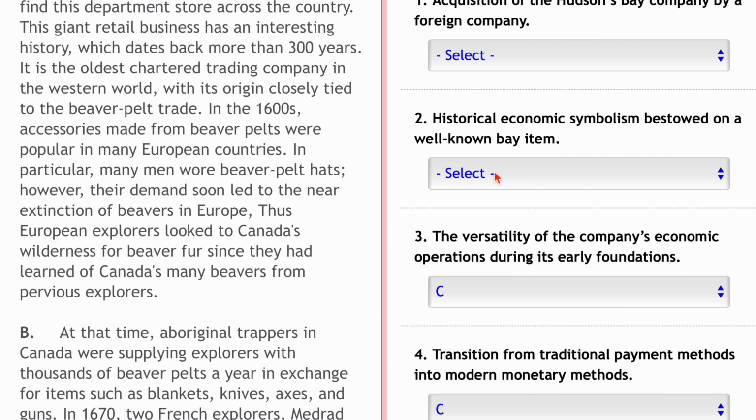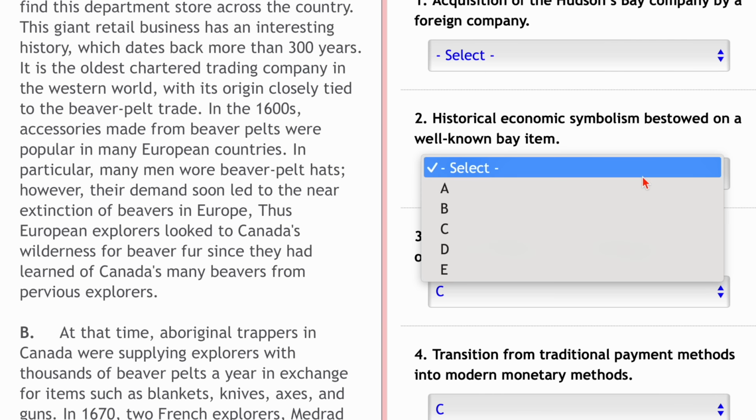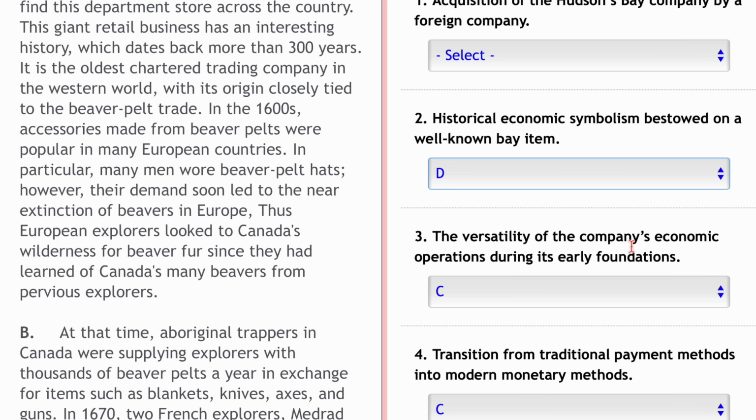So it looks like D. For number 2, D. So again, this well-known Bay item, this blanket, has some history and economic symbolism. It was put on there. The history, the origins of the blanket, and the Hudson's Bay, and the 6 beaver pelts that were paid. Very interesting.